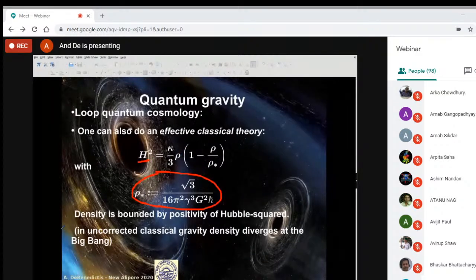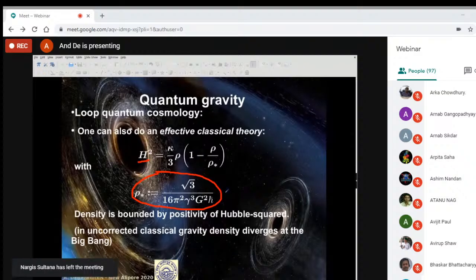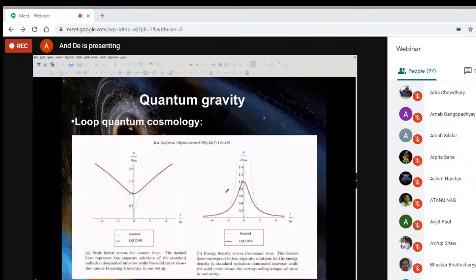In uncorrected classical gravity, the density diverges at the Big Bang. Here, it is in some sense protected. See at the top of this slide. So that's an indication that when one introduces some quantum gravity effects, then one gets a taming of the Big Bang singularity. There's no more infinity in the energy density of the material.